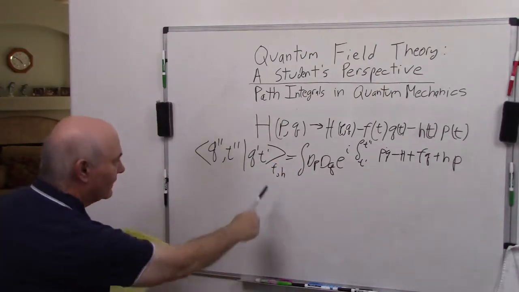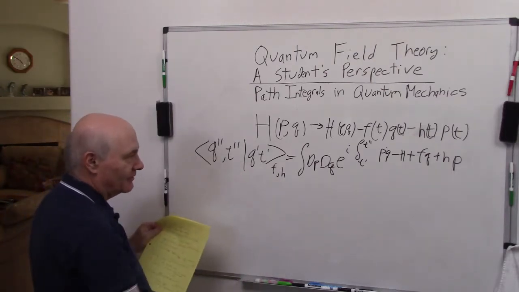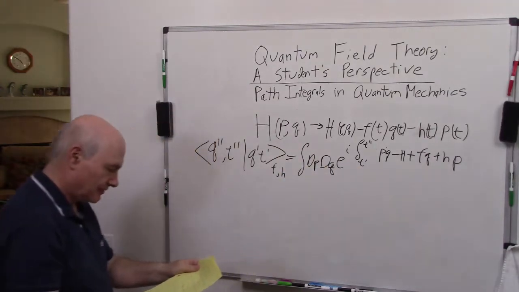So when we set f and h equal to 0, we just get our normal propagation amplitude with our original Hamiltonian.